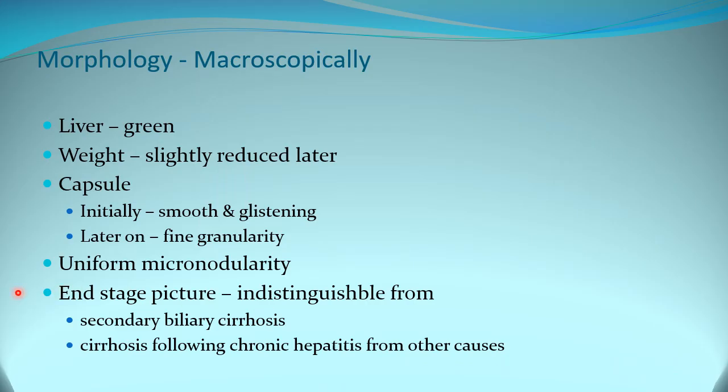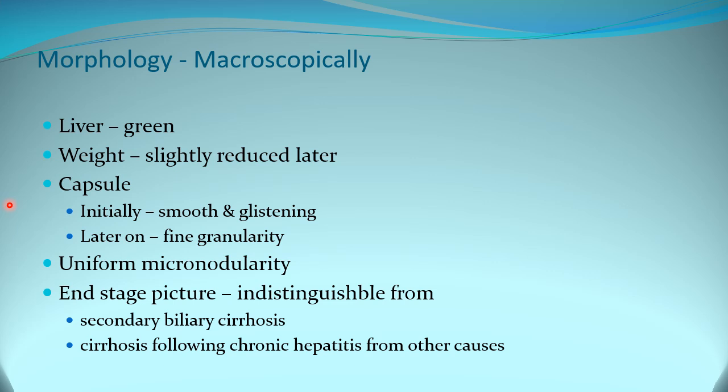Morphologically, when we see it macroscopically, grossly, the liver appears green in color. Why? Because of the bile duct injury, there is stasis of the bile in the liver, so the color of the liver appears green. Weight is slightly reduced later on, and the overlying capsule is initially smooth and glistening, but later on there is a granular appearance.